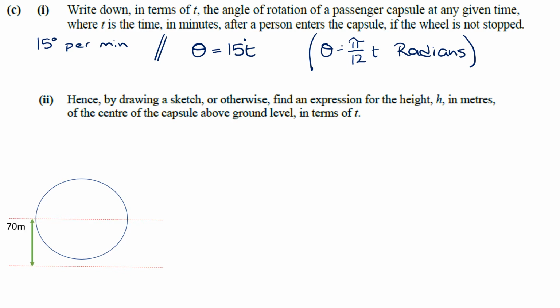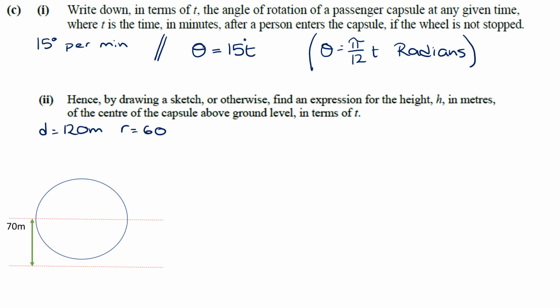So this is 70. Let's think how we got that. We know that the passenger car is 6 meters above the ground. The car itself is 4 meters to the external circumference. And then it's 60 meters, that's half the diameter. Remember, the diameter was 120, so the radius is equal to 60.